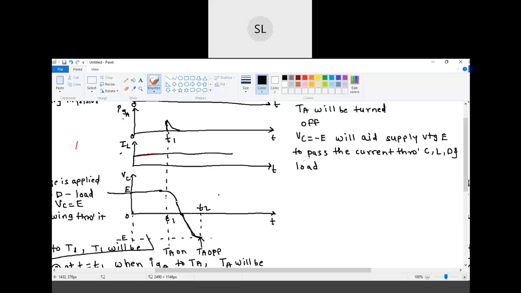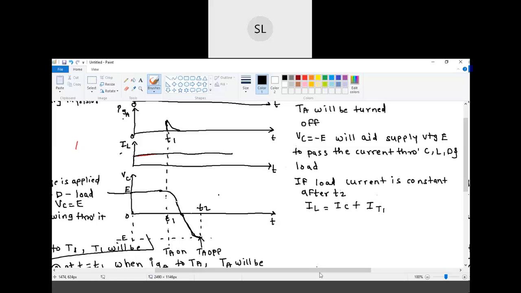Now, if the load current is constant, then after T2, this load current IL is the sum of the capacitor current plus the current flowing through the main thyristor T1.